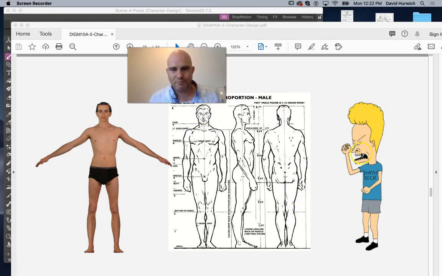This is Beavis from Beavis and Butthead, and once again, his head is way bigger. His head is about 1/3 of his body, roughly, maybe a little bit bigger. And his legs are actually a little foreshortened here. His legs should be a little bit longer in relationship, but the artist decided that's not what they wanted to do when they came up with the character design.